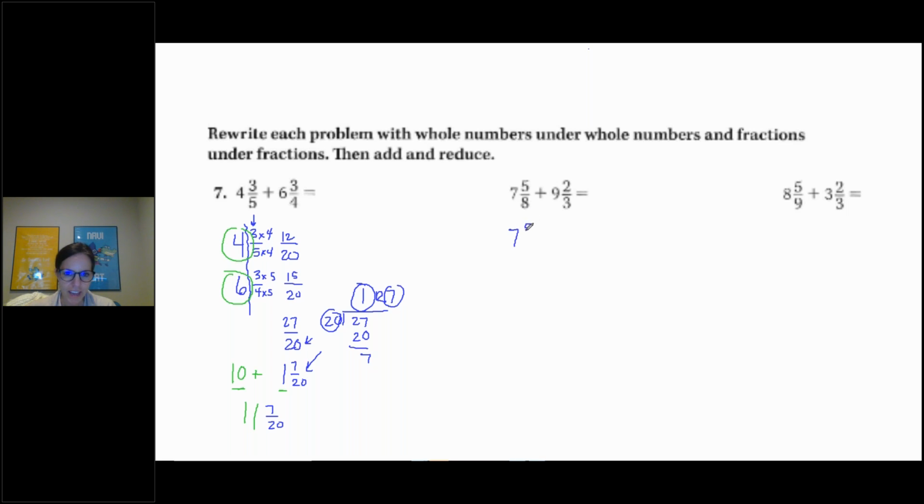All right, well, let me write this next one. 7 5/8 and 9 2/3. We're going to do the same thing, ignore the whole numbers and just deal with the little fractions. What's your common denominator? 24. Yes. It would be 15 over 24 and 16 over 24.